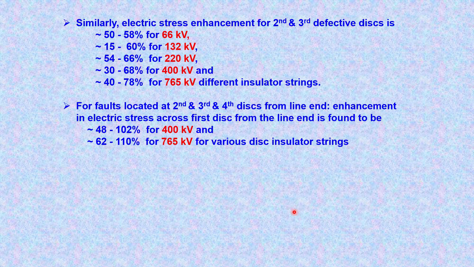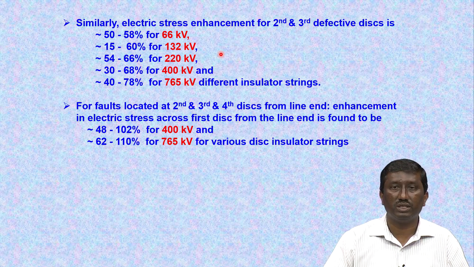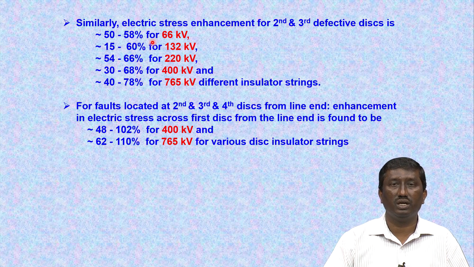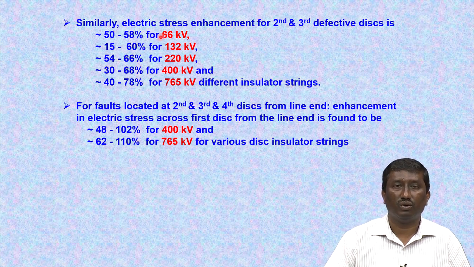Similarly, electric stress enhancement for different voltage levels has been calculated from 66 kilovolts to the ultra high voltage range. You can see that in case there are faulty discs at second and third from the line end, the percentage increase of the stress for a 66 will be 50 to 58%.